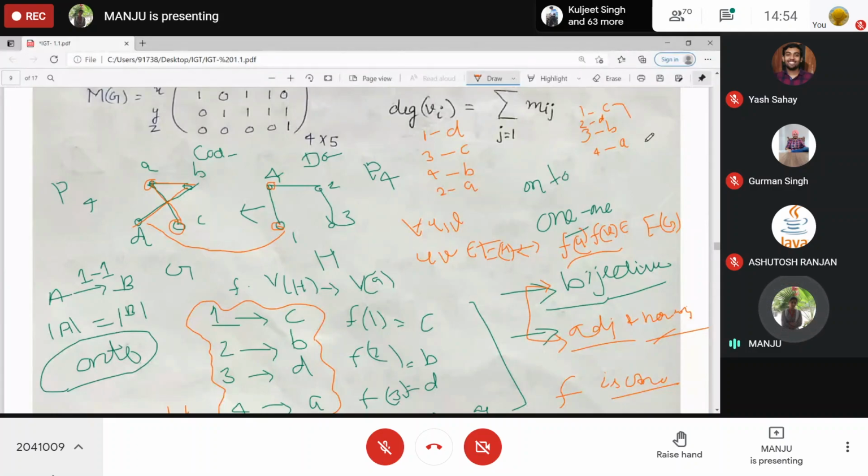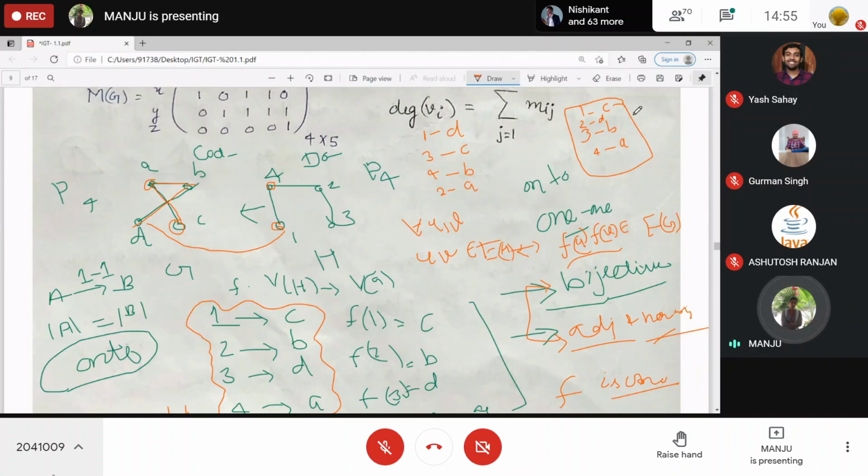Is it a bijection? Yes, sir. Is it one-one and onto? Yes, it is one-one and onto, right? Bijection. Can it become an isomorphism? No, ma'am.